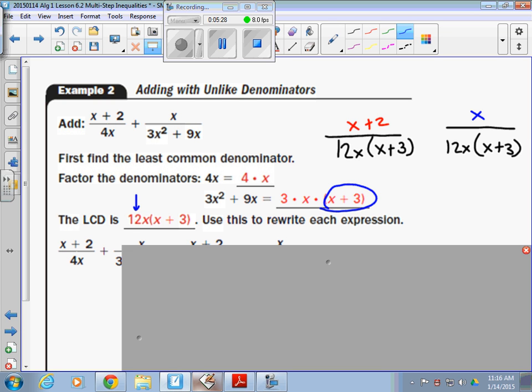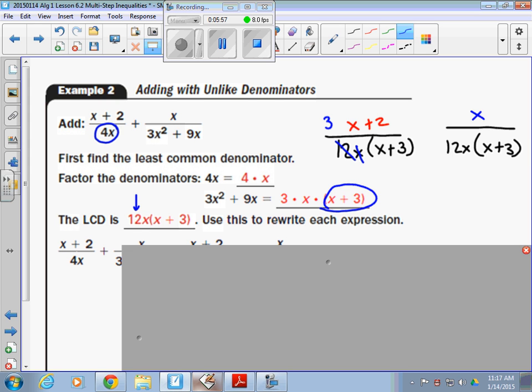Now from there, you're going to take out what they actually had represented at the beginning. So the first fraction was 4x. So there's no reason to have this x. It cancels it out. And there's no reason to have this 12 because 4 goes into the number 12 3 times.